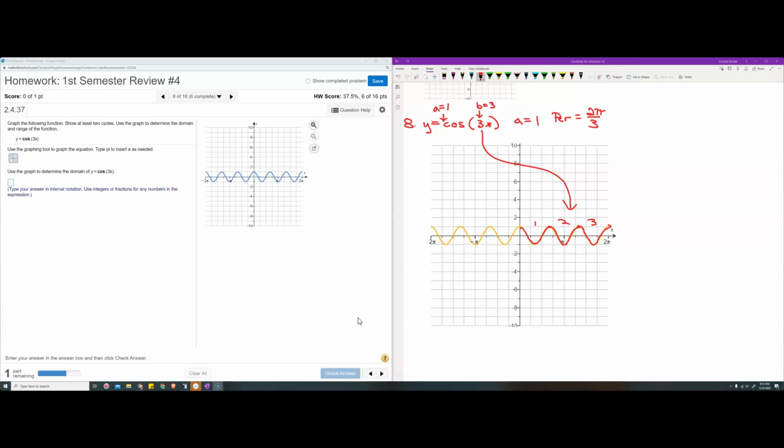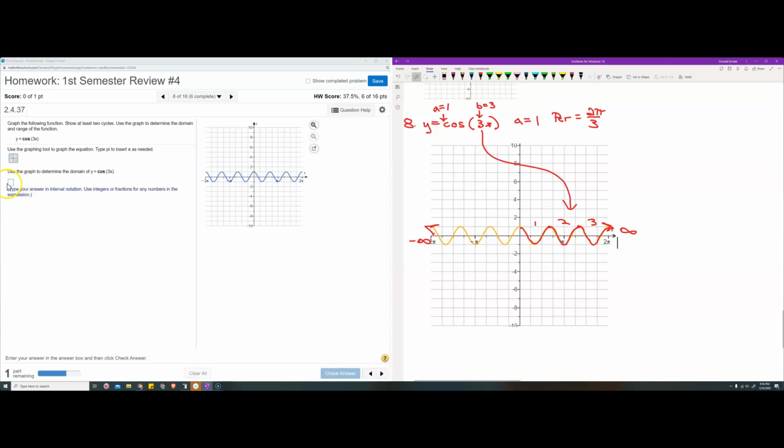Okay, the second part of this question asks, what is the domain of cosine 3x? Well, the domain of any cosine graph, since it keeps extending to the left, that's negative infinity, and it keeps extending to the right, that's positive infinity.